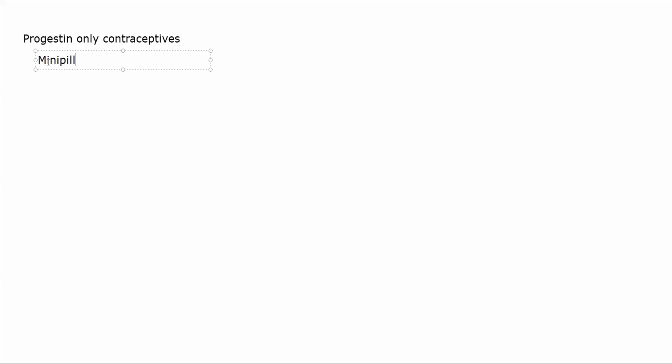Okay, then we have post-coital contraceptives. These are contraceptives that are taken immediately after coitus, after intercourse. Now these are generally high dose estrogen. You give a very high burst of estrogen, and earlier an estrogen and progesterone combo was given.